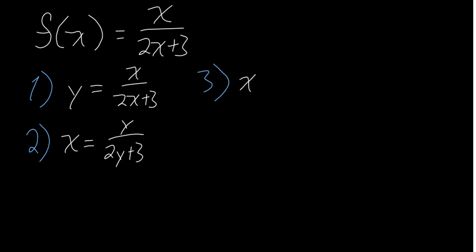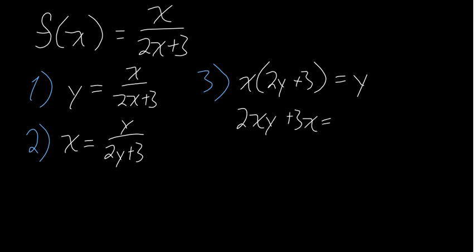So we're going to have x times 2y plus 3 is equal to y. We're going to distribute that x through, so we're going to have 2xy plus 3x is equal to y. We're going to subtract 2xy from both sides. So we're going to have 3x is equal to y minus 2xy.